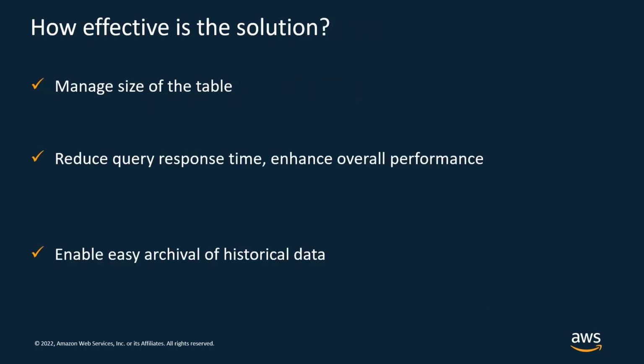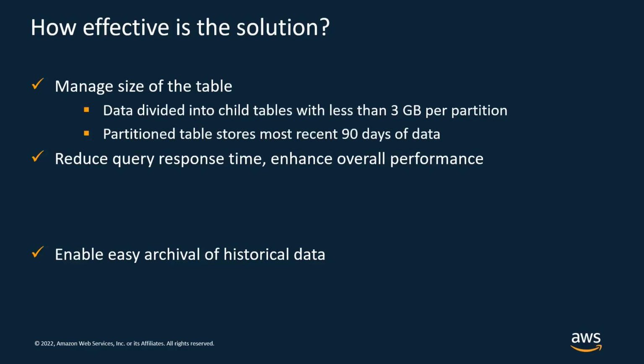Now, time to look at the effectiveness of the range partitioning solution with the requirement of managing the size of the table. Range partitioning divided data into 90 partitions. Each partition is about 3 gigabytes. The pg_partman data retention policy automatically manages data retention to keep data for at most 90 days in the partitioned table.